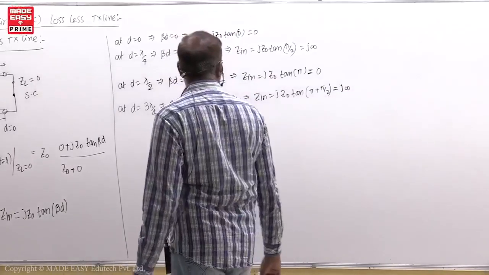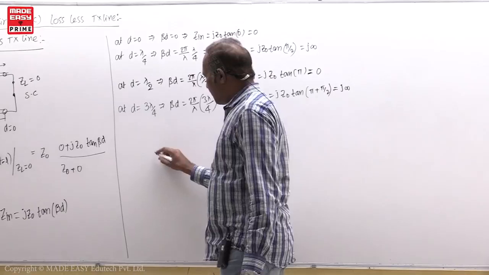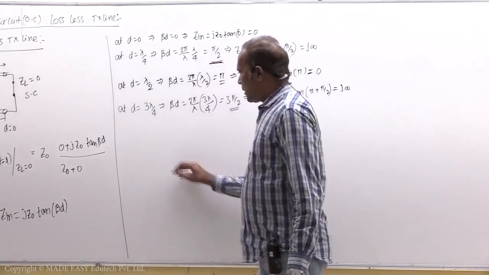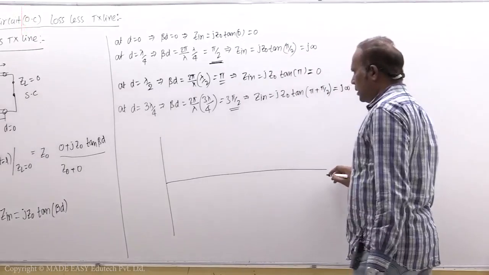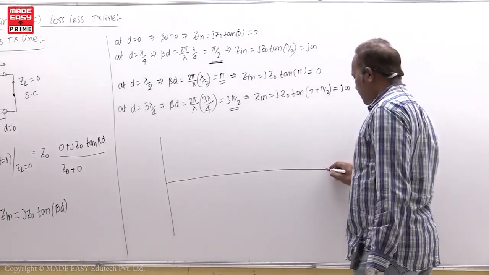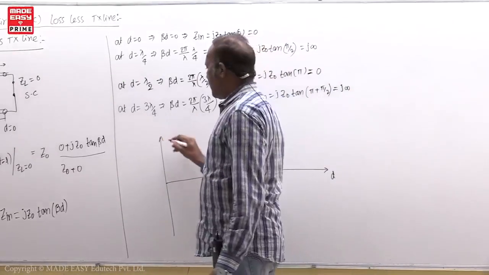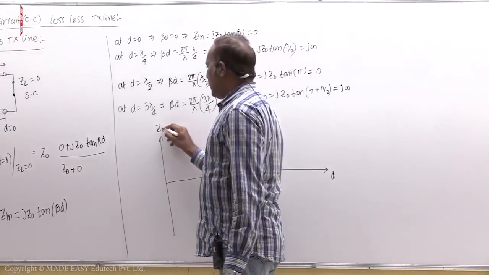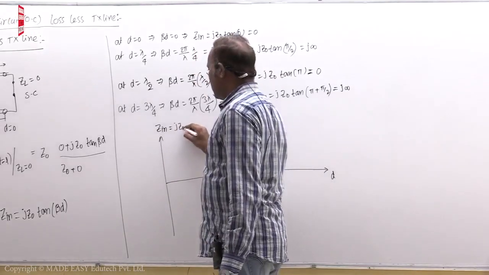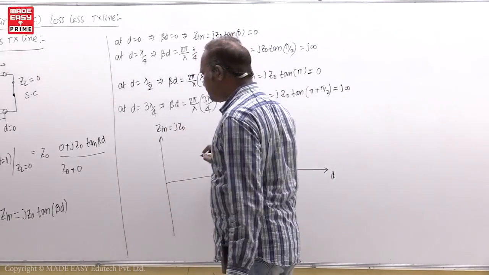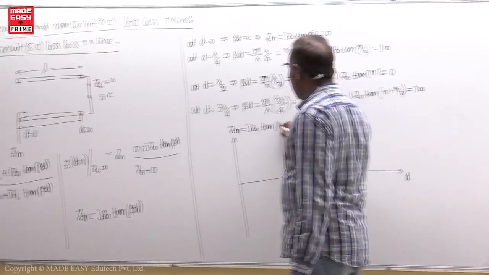Now, if we see this diagram, I will take d here. On the vertical axis, I will take Zin, that is nothing but jZ0 tan beta d.